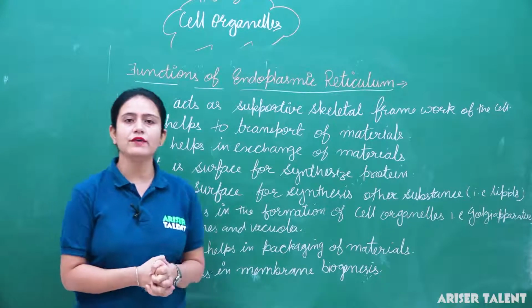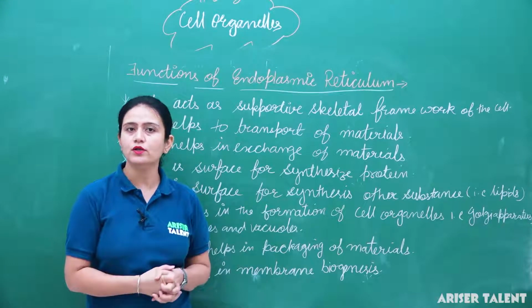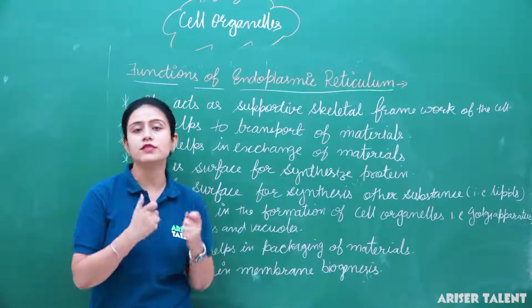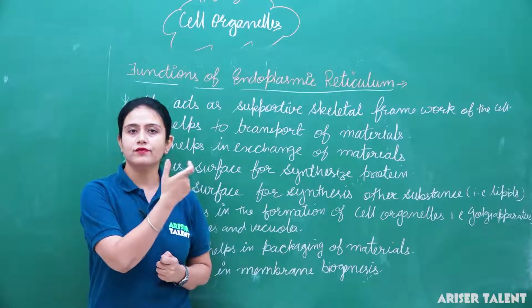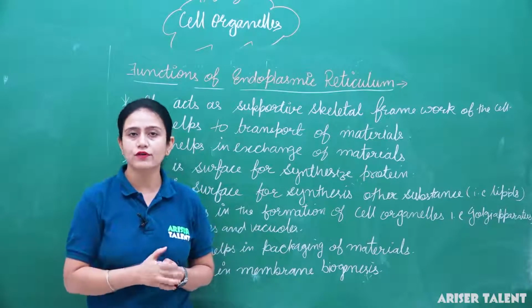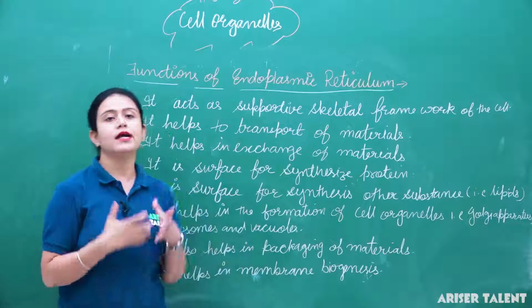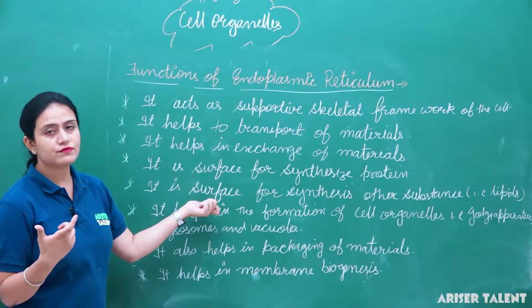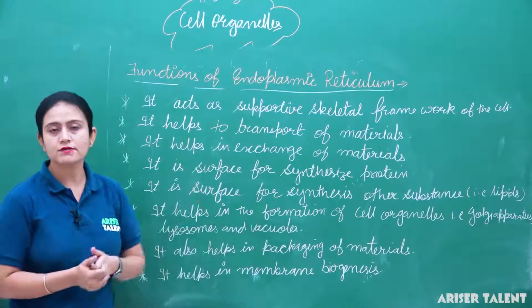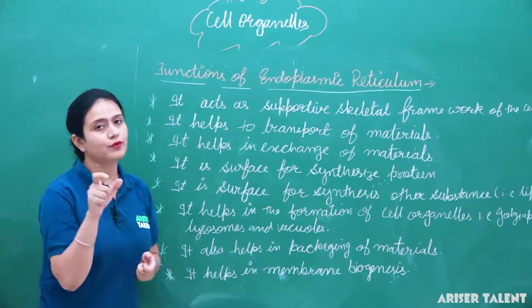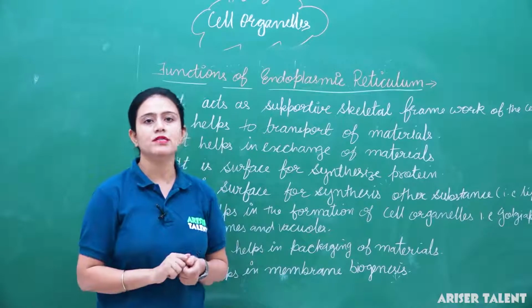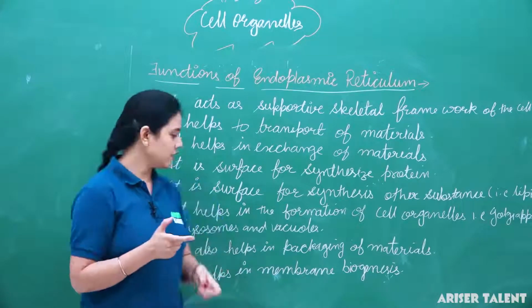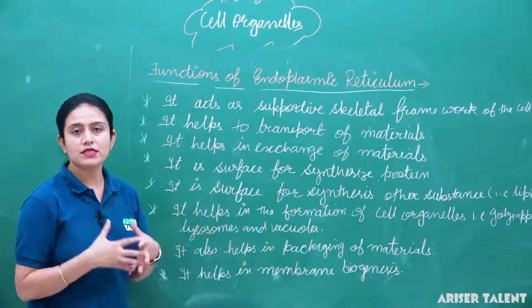As it is of two types, rough endoplasmic reticulum and smooth endoplasmic reticulum, they both perform different functions: one is the site for protein synthesis and the other is the site for lipid synthesis. Thus endoplasmic reticulum helps in membrane biogenesis and in the packaging of materials.